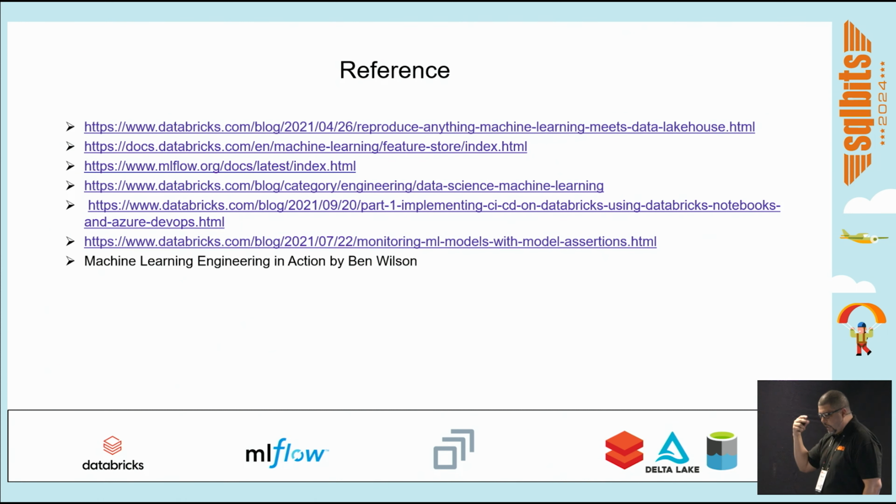It gives you the YAML file to implement the pipeline for automation and then deploy across Databricks workspaces, which is very common. I haven't worked with a company that only has one Databricks workspace. Most of the companies that I work with as a consultant have a development workspace, a UAT or staging workspace, and then a production workspace.